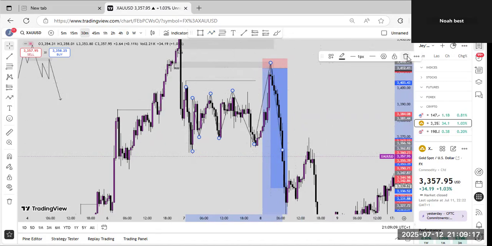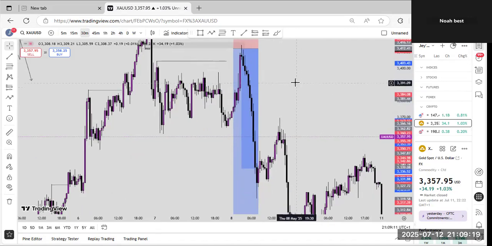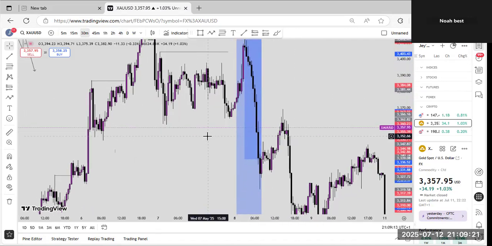Whether you say break of structure or a double break of structure, the reason why I say it is a double break of structure is because while price broke here, it also broke here. There was a consecutive break of structure. Price broke here, price broke here. You see all these levels here, price broke past it. You get? So there was a break of structure.